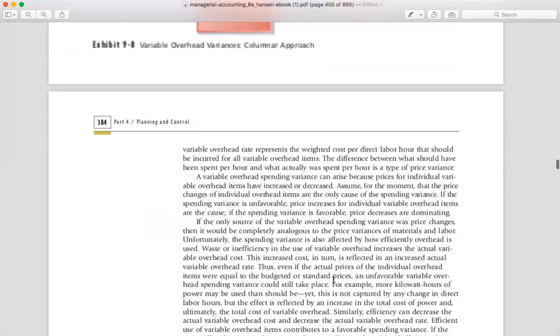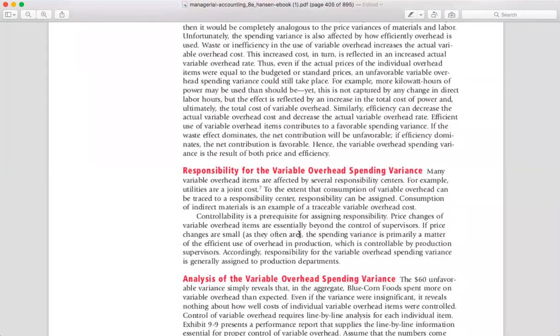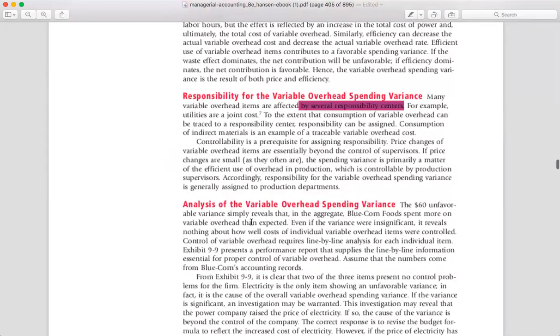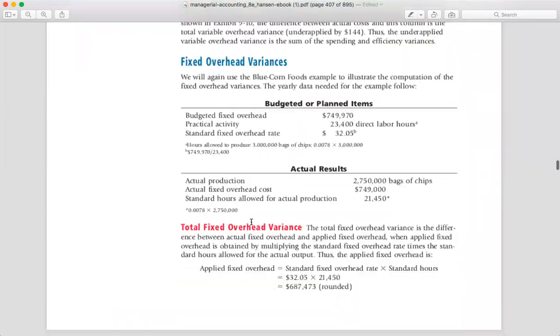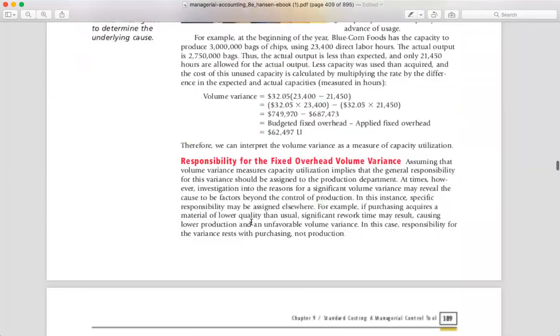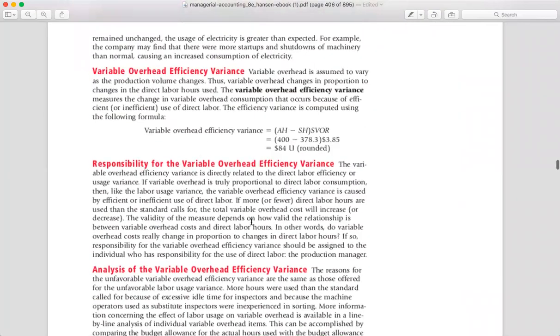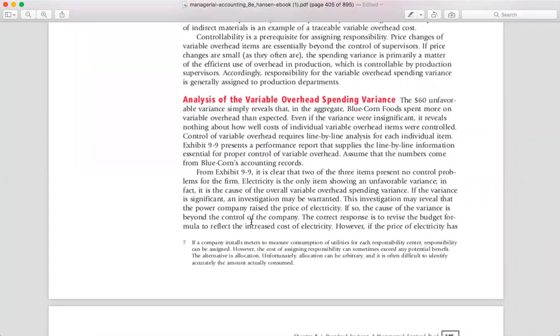So who's responsible? This affects several responsibility centers, for example utilities, joint cost, and others. You can just have a look at this one.